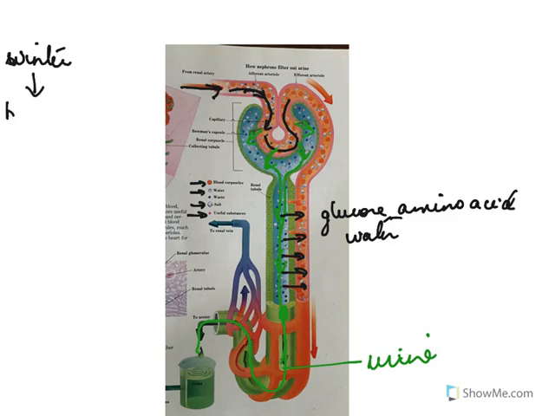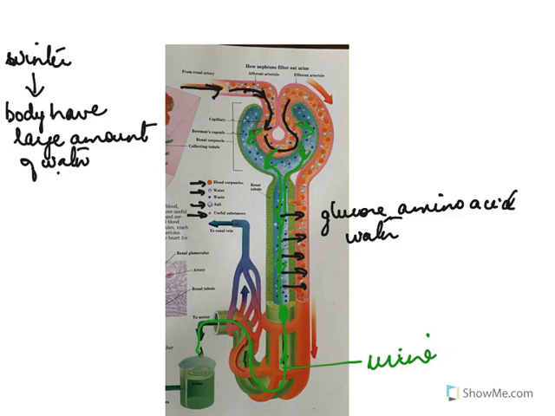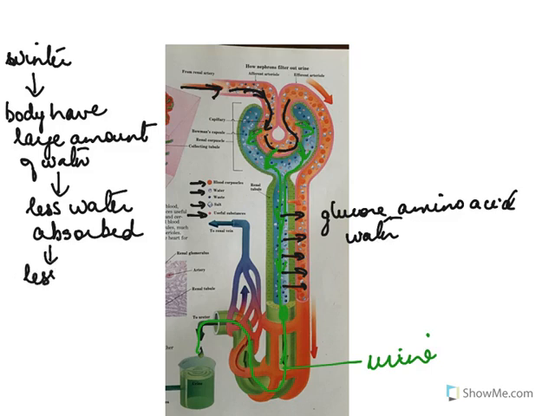So in winters, our bodies have a large amount of water, and because of that, less water is absorbed, and less urine is produced.